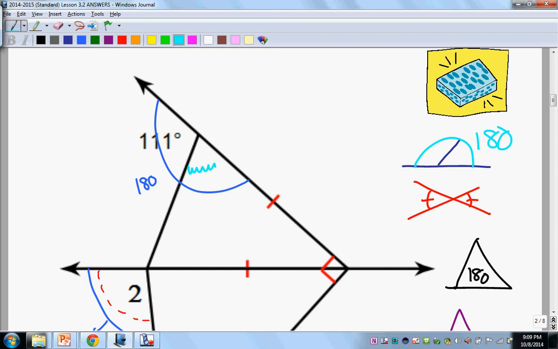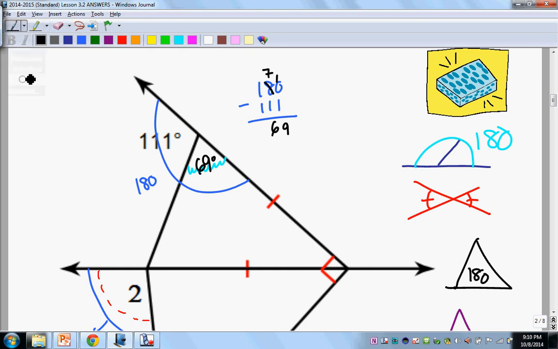So we're going to find this angle right here. 180 minus 111. And that is going to be 69 degrees.